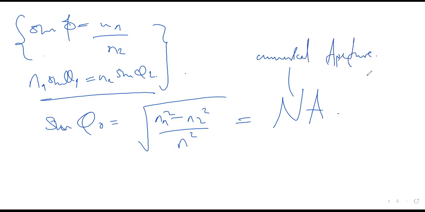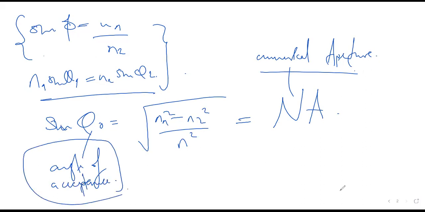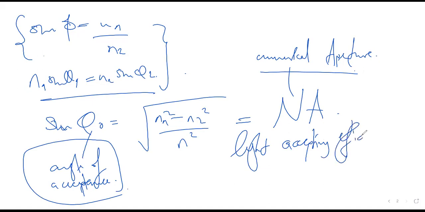You need to know the definition of the numerical aperture. This is our angle of acceptance here. The numerical aperture is the light accepting efficiency of the optical fiber.